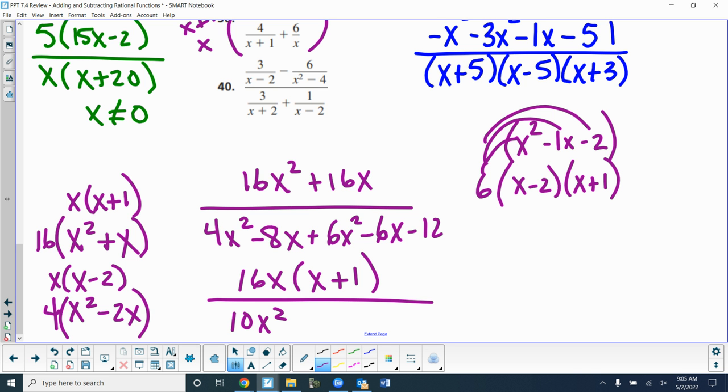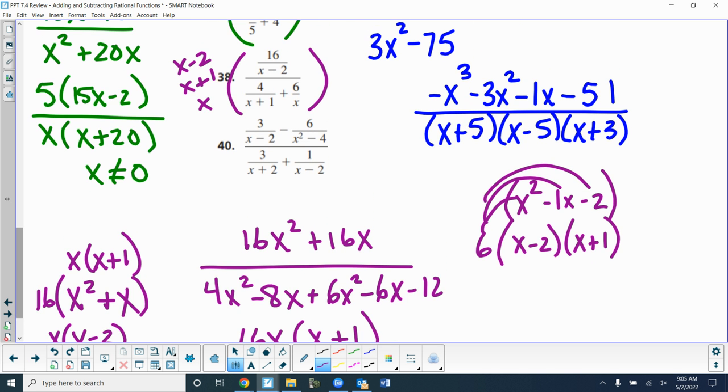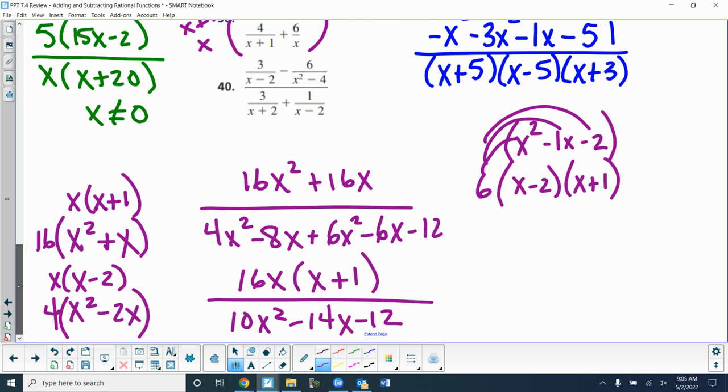What's negative 8 and a negative 6? Negative 14. And then minus 12. When we multiply everything by the common denominator, the fraction in the top goes away, the fraction in the bottom goes away. So we just have those two things now.